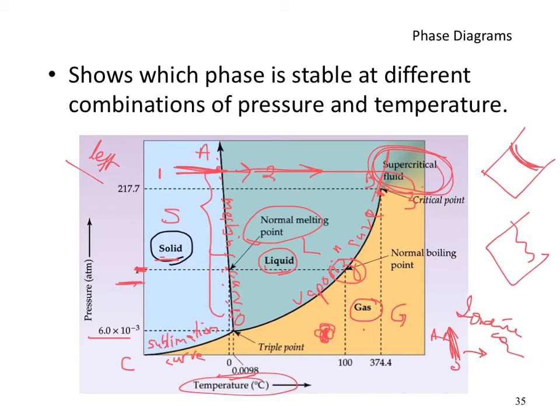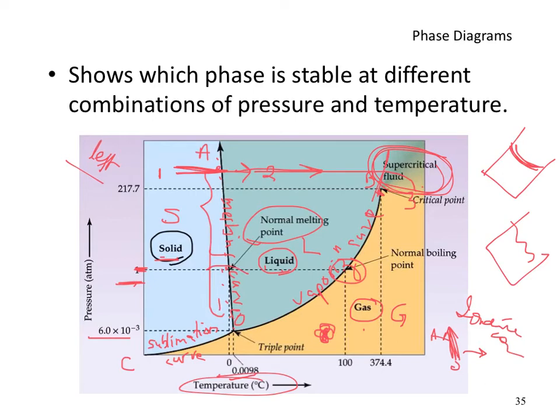So the fusion curve in the phase diagrams for most substances is usually with a positive slope, and in this case one can say that increasing the pressure essentially favors the denser state. So as you increase the pressure, you are going from a liquid.